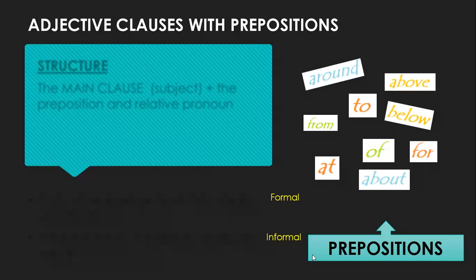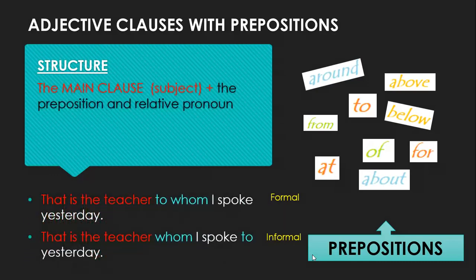The sentence with preposition has the main clause, which is referring to the subject, plus preposition, plus relative pronoun. On the right side of the screen, you will see some of the prepositions. So the example says, that is the teacher to whom I spoke yesterday.